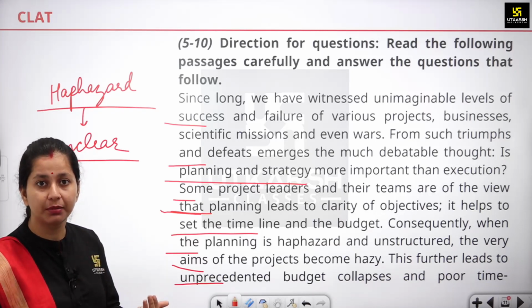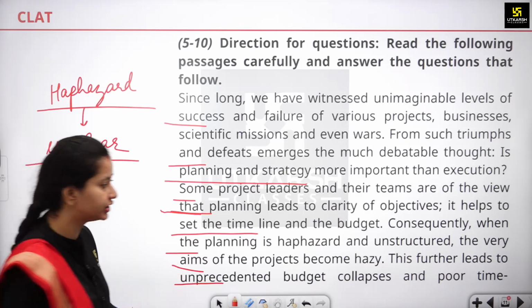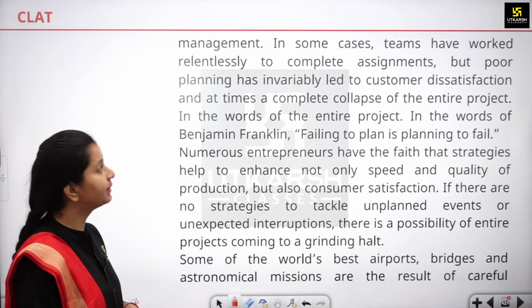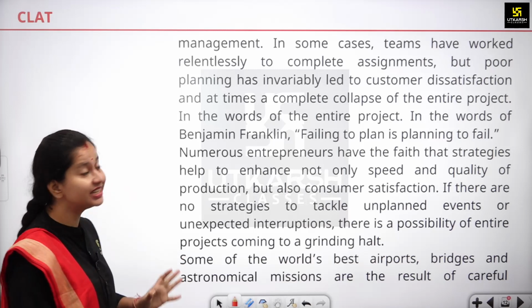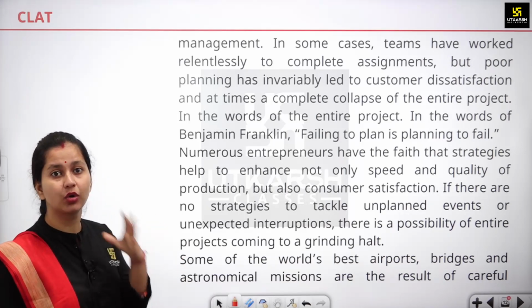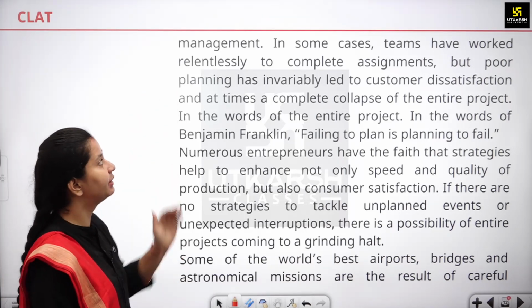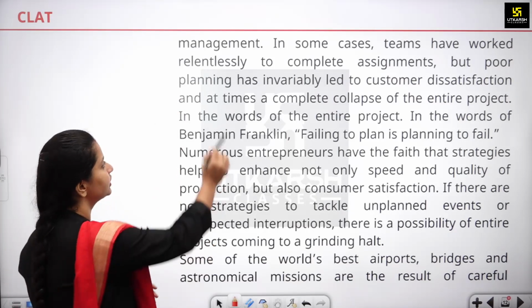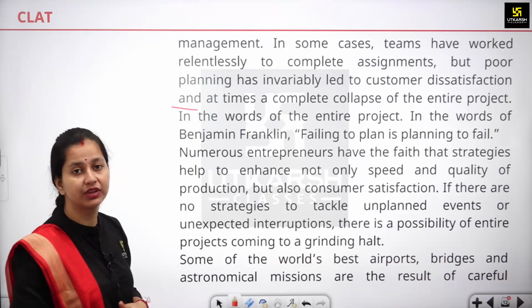We have never thought about it because we haven't planned about it. And poor time management. In some cases, teams have worked relentlessly. Relentlessly means continuously to complete assignments, but poor planning has invariably led to customer dissatisfaction and at times a complete collapse of the entire project.